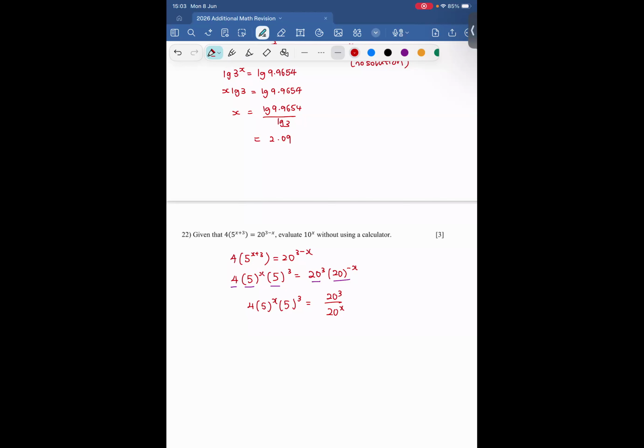Okay, so if you bring the 20 power x here, then you will divide the 4 and the 5 cube here.